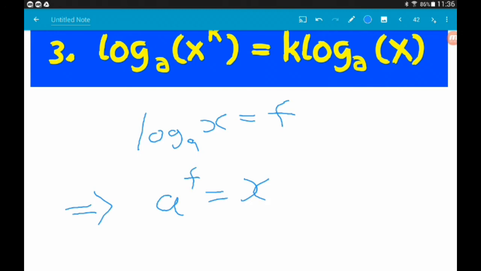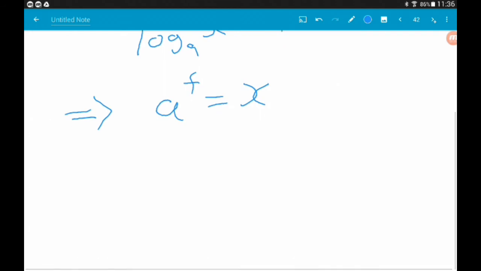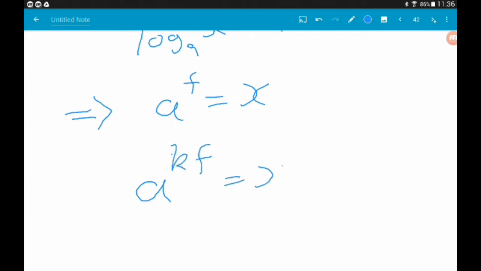Now, we need to obtain an x to the power k. So, all we're going to do here now then is raise both sides of this to the power of k. So we would get a to the power k times f is equal to x to the power of k. So there's the x to the power of k that we need.